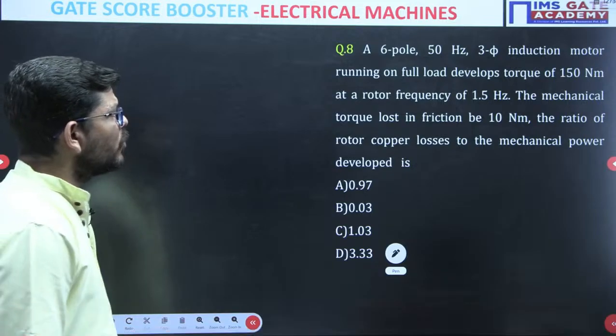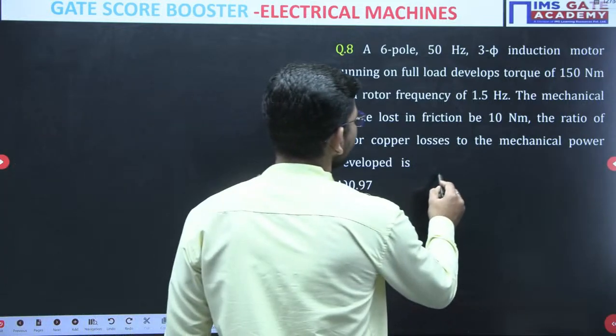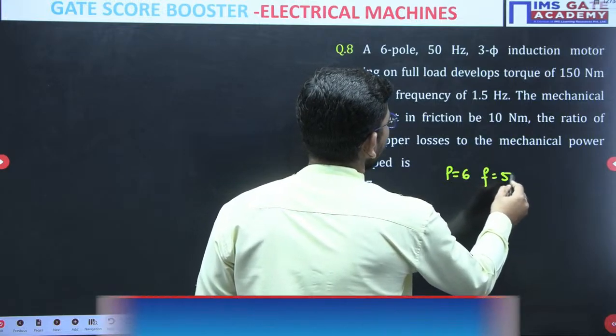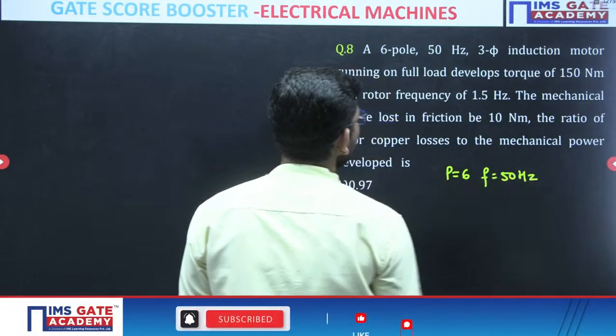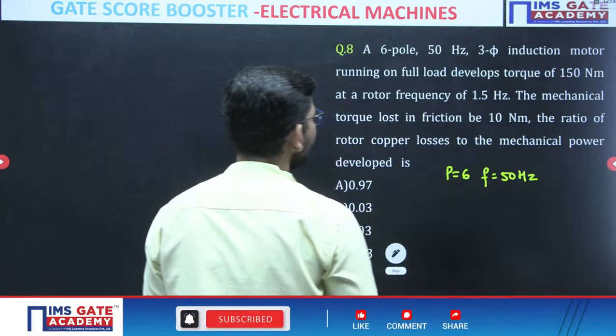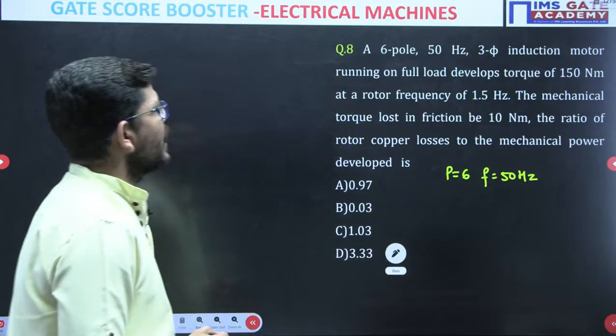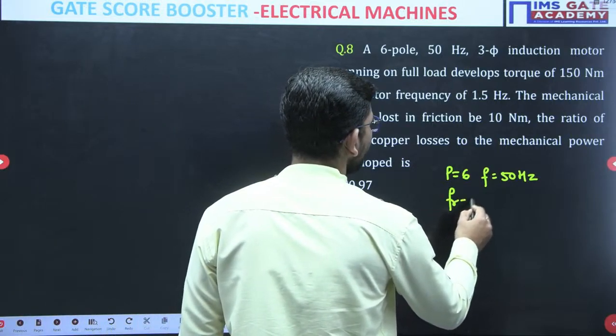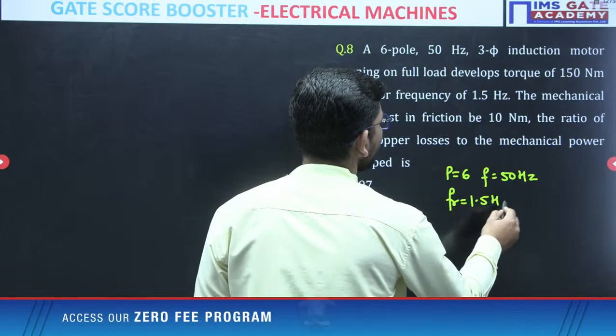Here is the first question that I have. A 6-pole 50 Hz 3-phase induction motor running on full load develops a torque of 150 Newton meter at a rotor frequency of 1.5 Hz. Fr is 1.5 Hz.